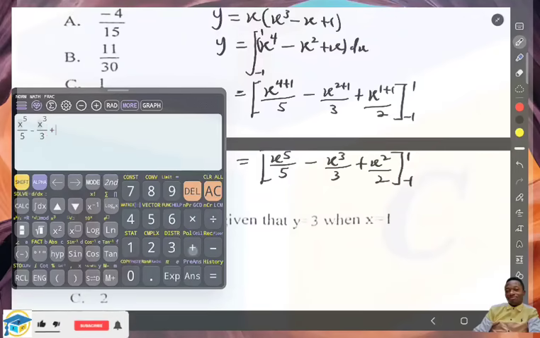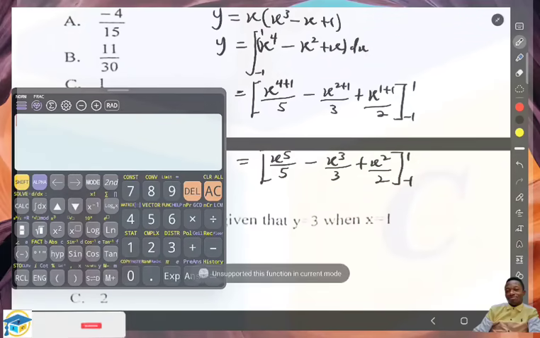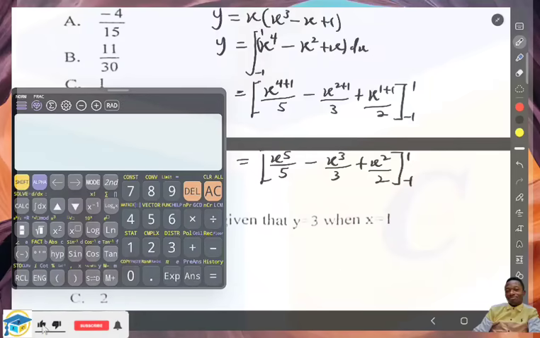Then we have plus alpha x to the power of 2 and then divided by 2. Okay, so once you're able to get this on our calculator, this is what we're going to do. We press solve and we want to solve for 1. So we type 1 and then we press the equal to sign, right? And we're getting what? 1. So the same thing, you just press solve and then press 1.